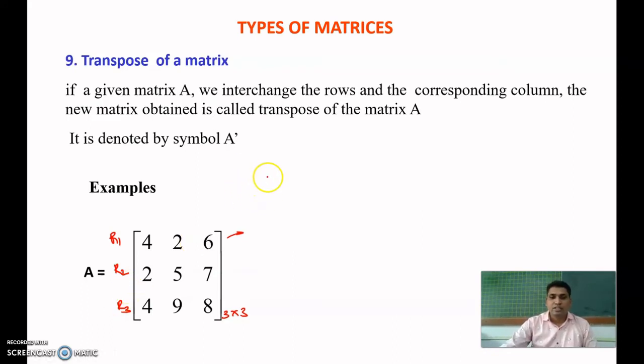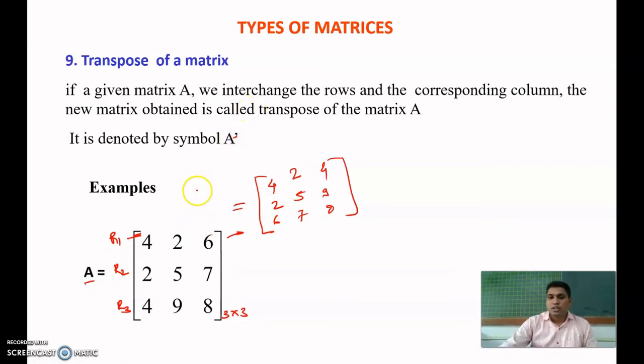So we have to interchange rows to columns, which means we write this row as a column in the obtained matrix. Similarly, for the second row.